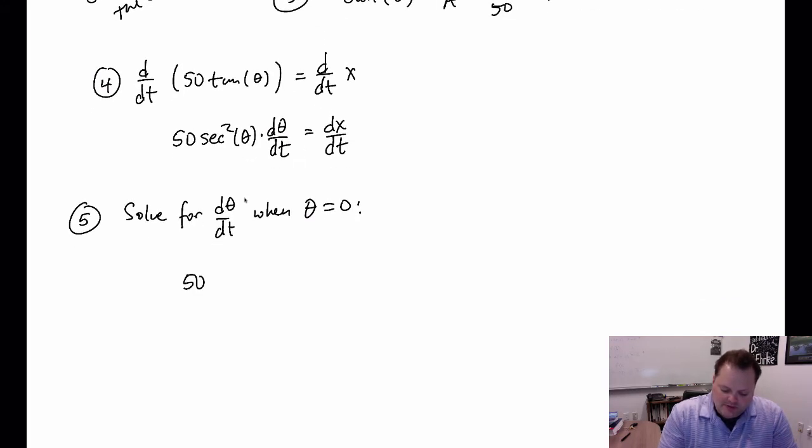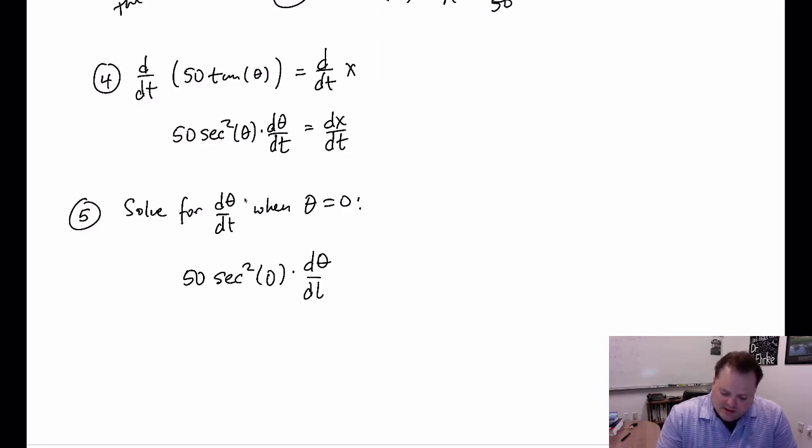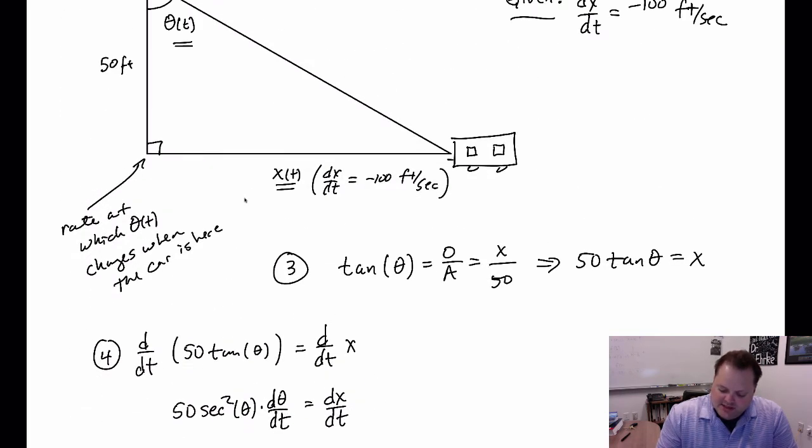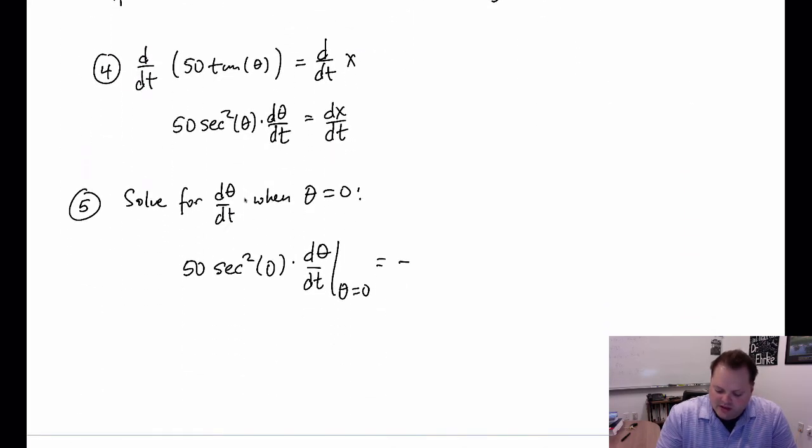So I would get 50 secant squared 0 times d theta dt, at theta equal to 0, is equal to dx dt. Well, dx dt is negative 100 feet per second. That was the given rate.